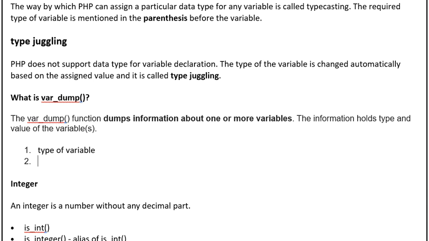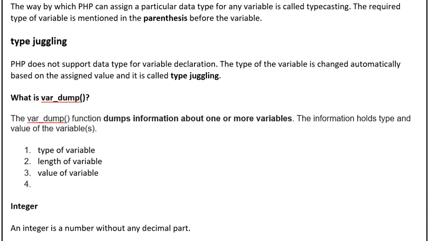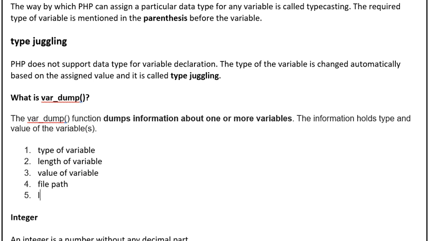Second, it gives the length of variable. Third, it gives the value of variable. Fourth, the file path, and fifth, the line number. So these five pieces of information we get by using the var_dump function.